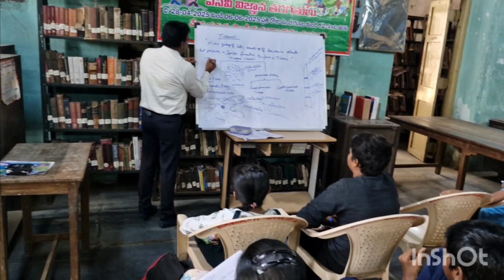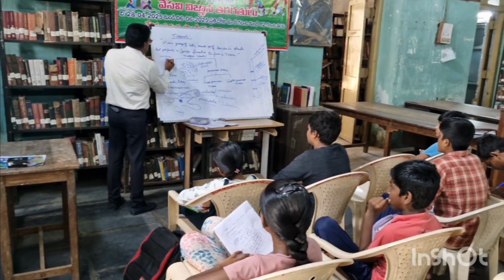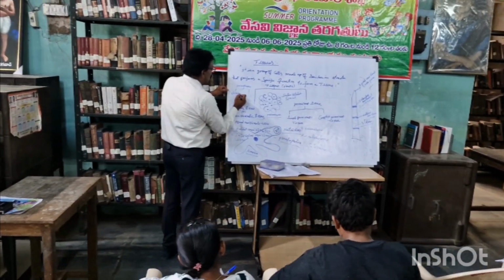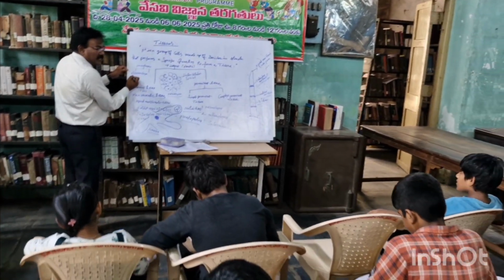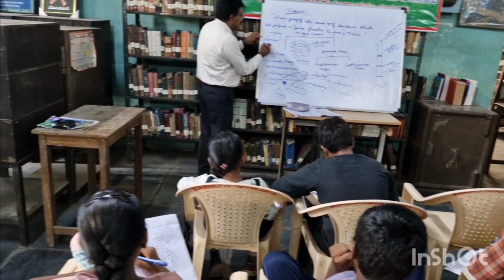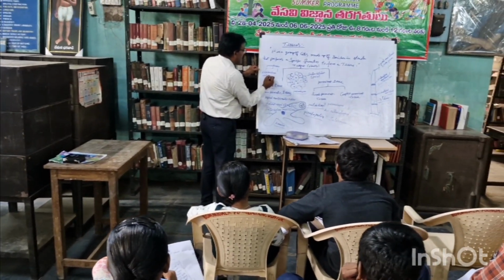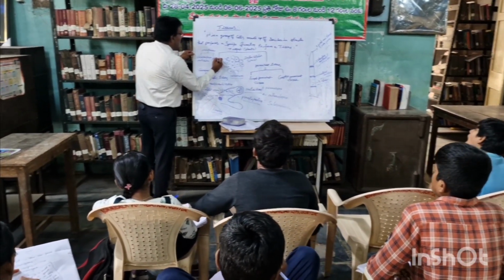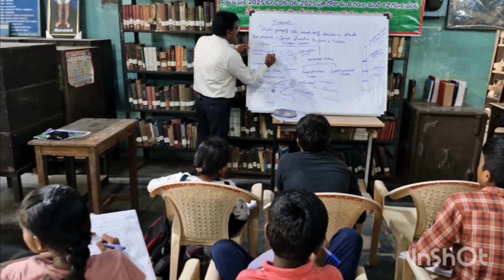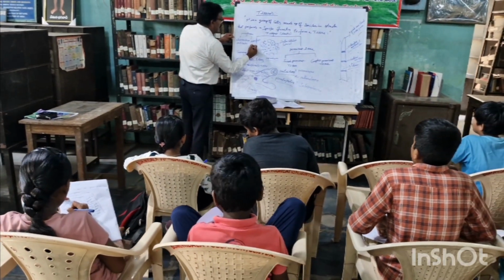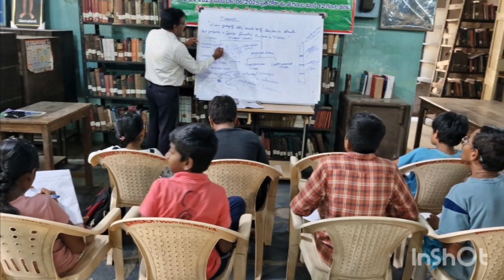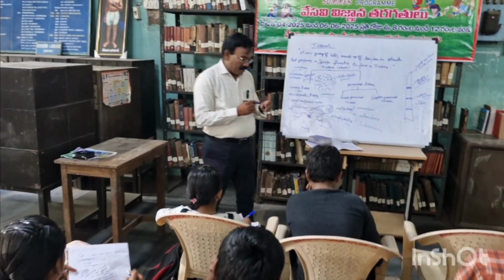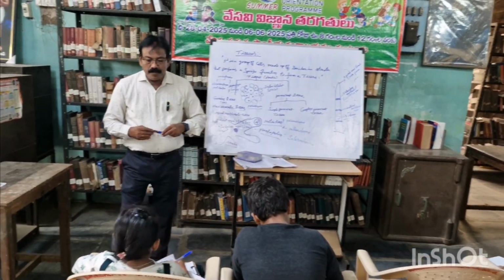In parenchyma, there are two types. Chlorenchyma means they participate in the photosynthesis. And another one is called aerenchyma, which helps in the floating. Generally, it is present in the water plants, aquatic plants. So, parenchyma is a simple permanent tissue.